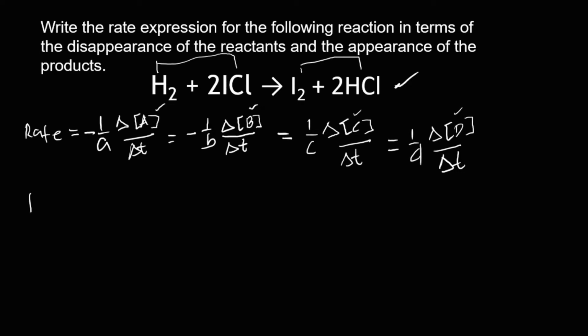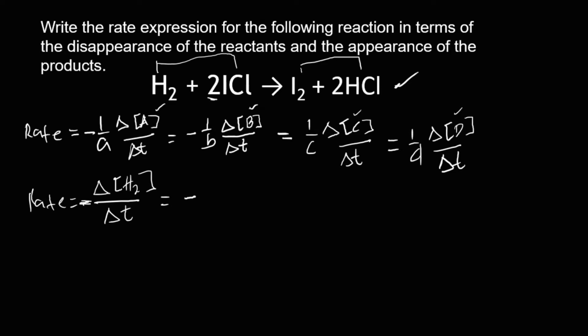So the rate equals, this is 1 mole of hydrogen, so that will be A, or rather change in concentration of H2 divided by change in time. We don't need to write down the 1 over 1 here because it is already understood. Let's not forget the negative. The negative sign indicates that this reactant will disappear, which equals negative.